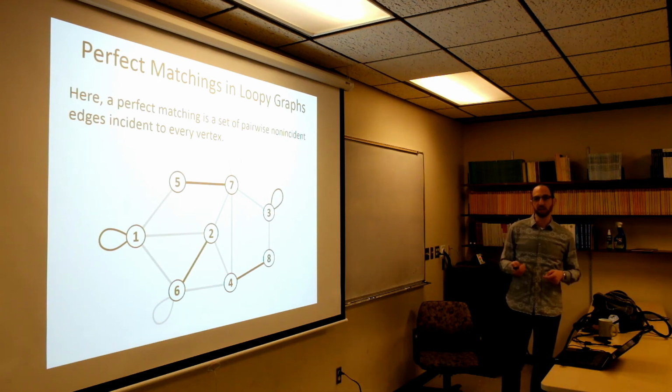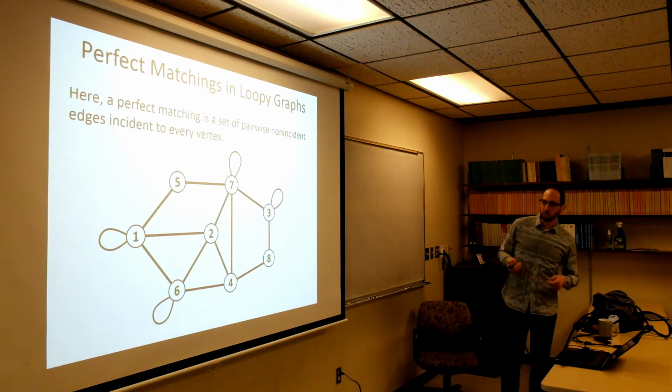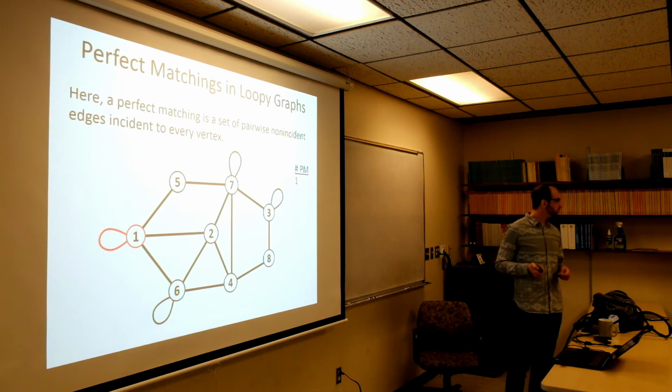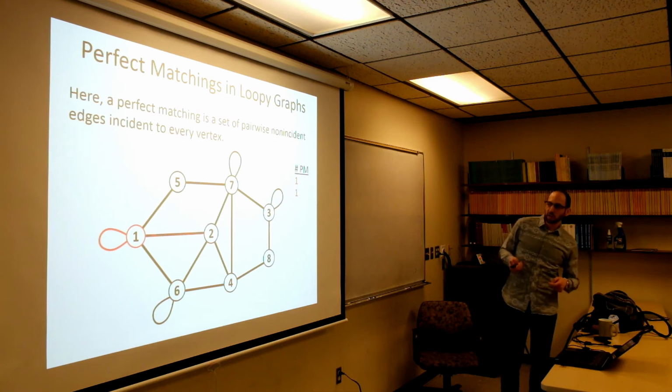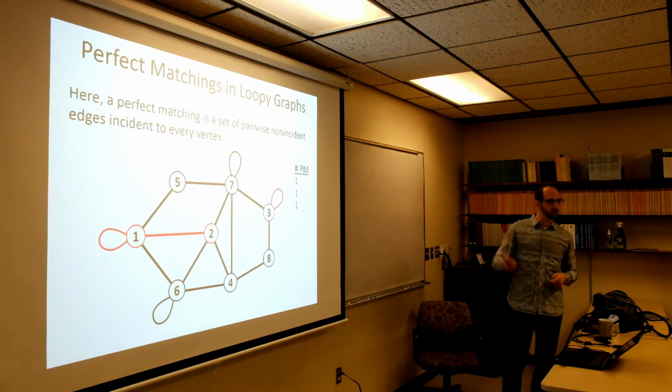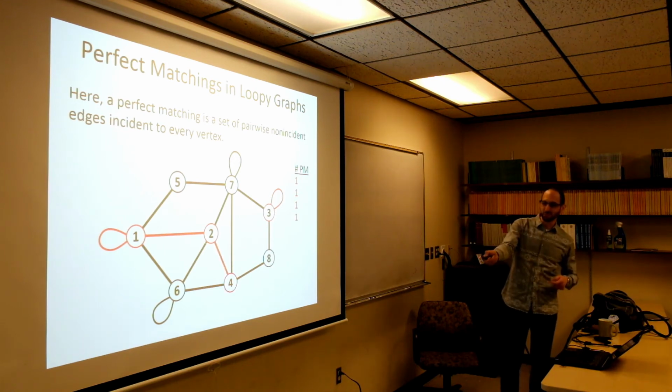And just to show you the induced subgraph on an initial segment of vertices, there's the whole graph. If you look at just vertex 1 there highlighted in red, it's only got 1 perfect matching because you have to use the loop. If you use 1 and 2, it's only got 1 perfect matching because you have to use 1, 2. Actually, 1, 2, and 3 also there's only 1 because you have to use 1, 2, and the loop at 3. Still there's only 1 because now you have to use 2, 4, the loop at 1 and the loop at 3.